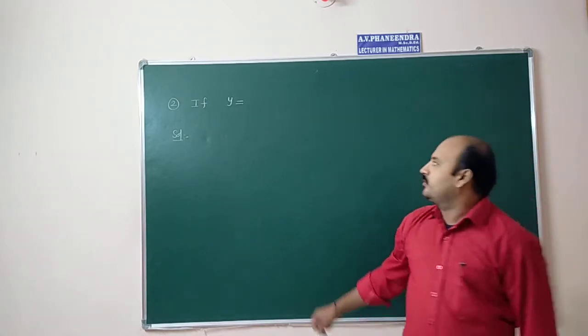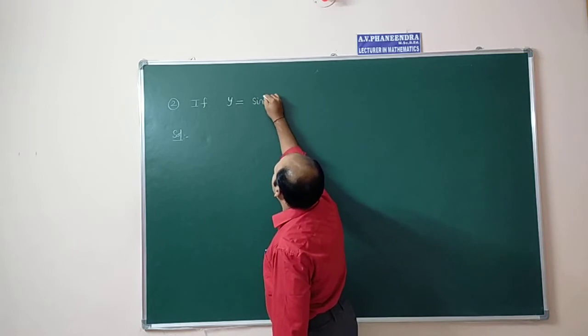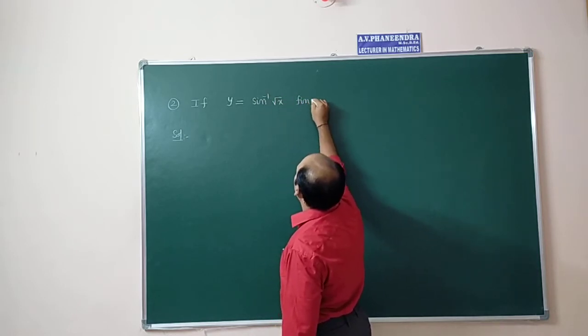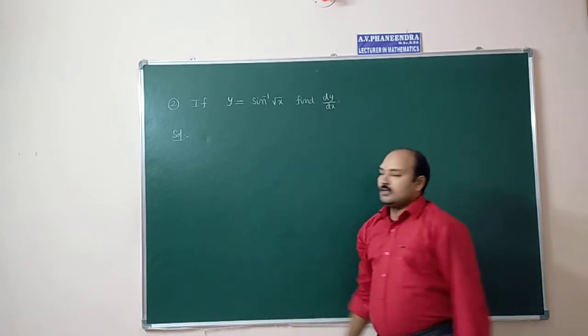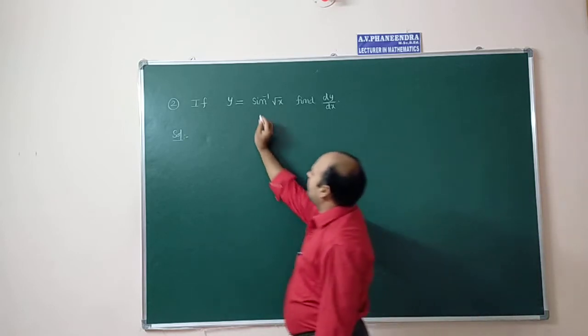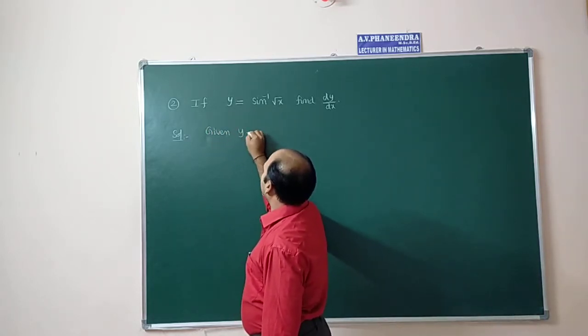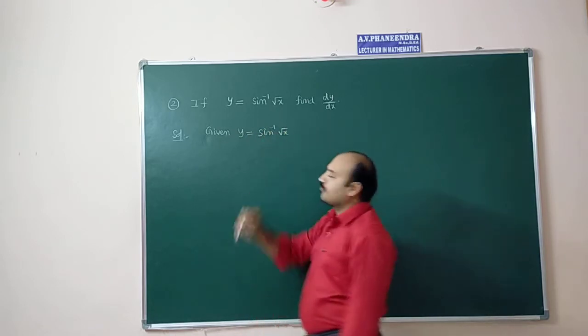The next question: if y equal to sine inverse of root x, find dy by dx. First, given y is equal to sine inverse root x.